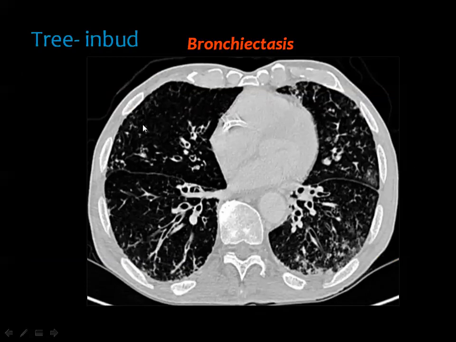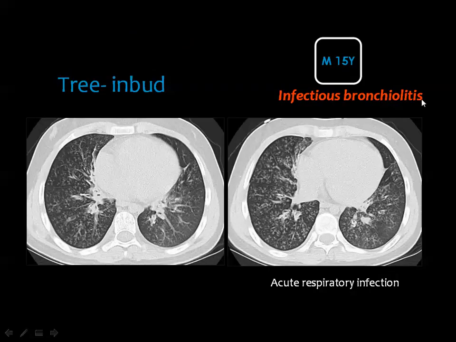And this is just a demonstration of a case of bronchiectatic changes, a cylindrical dilatation of the bronchi, together with, you see, these tree-in-bud appearances, which indicate transbronchial spread of the infection. And this is a case of infectious bronchiolitis, where you can easily appreciate the classic appearance of tree-in-bud opacities.